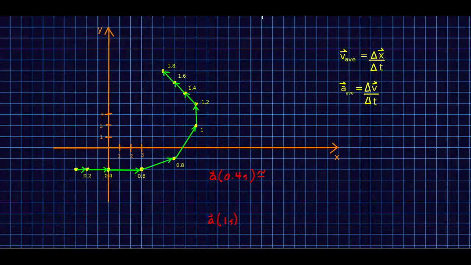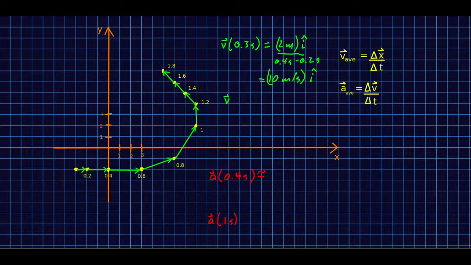So we know, though, that I can approximate the velocity at 0.3 seconds, halfway through this time interval, as this displacement, so that's 2 meters, but be careful, that's 2 meters in the x direction over the time interval, 0.4 seconds minus 0.2 seconds. So that's 2 meters over 0.2 seconds, that's 10 meters per second in the positive x direction.